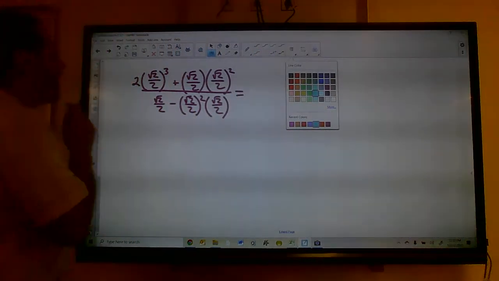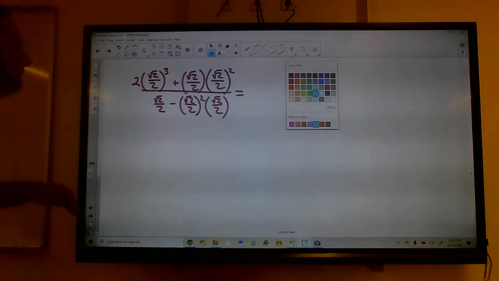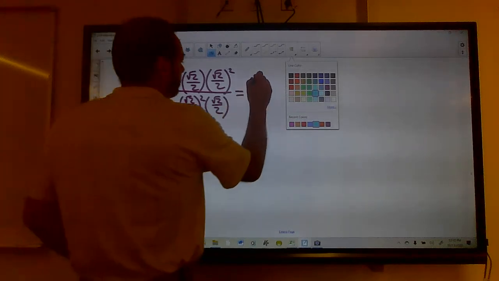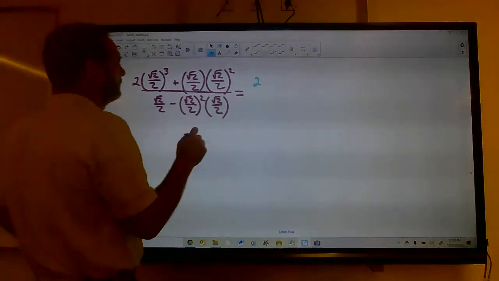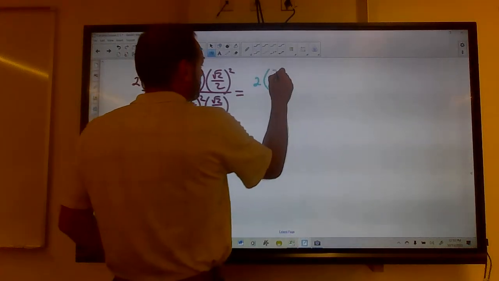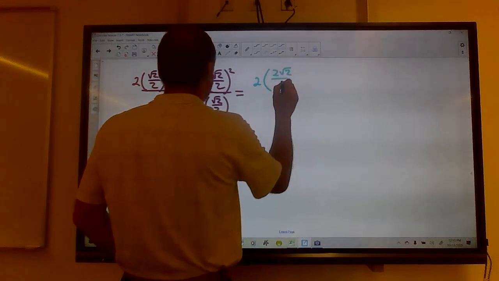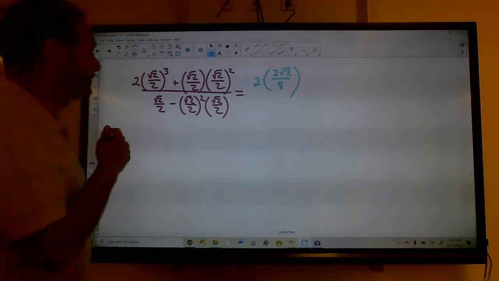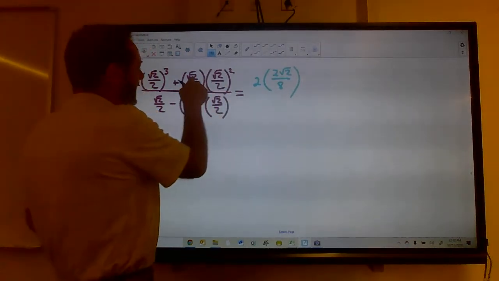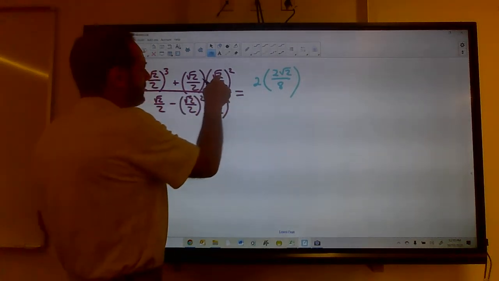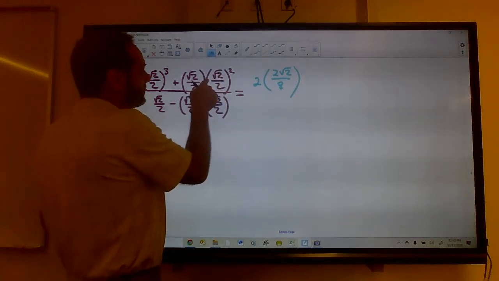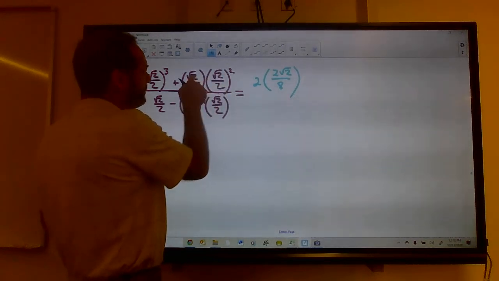Here we go. All right, so square root of 2 cubed, that's going to be 2 square roots of 2. So this is 2 times 2 square root of 2 over 8, because 2 cubed is 8. If I multiply this all out, this is going to be 2 square root of 2 right here, because this is going to be 2 times square root of 2.